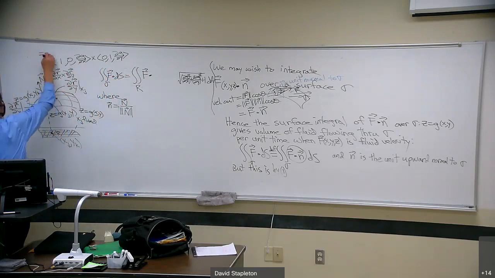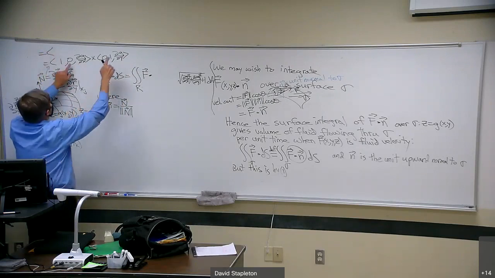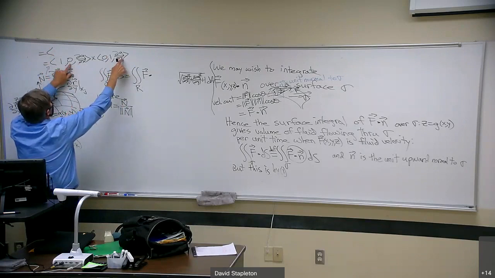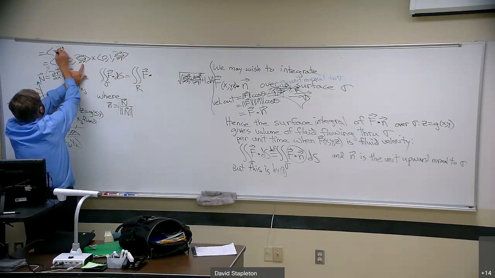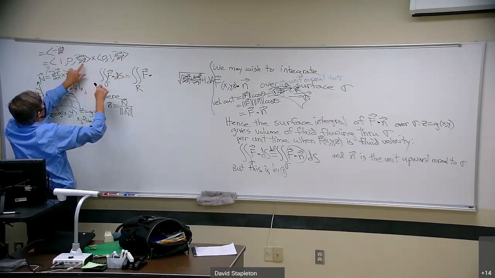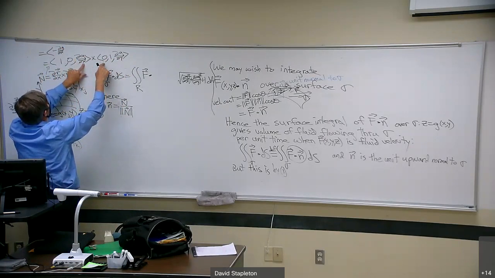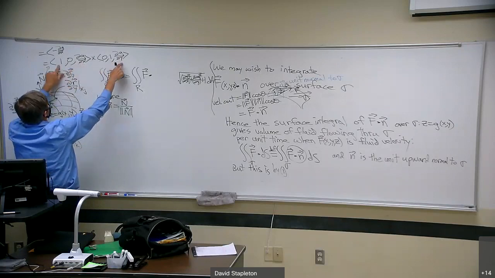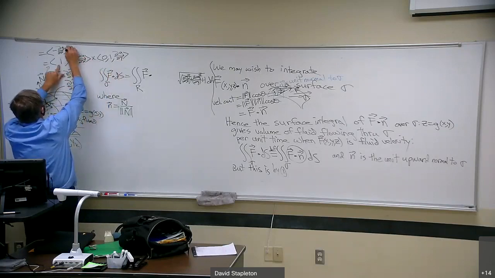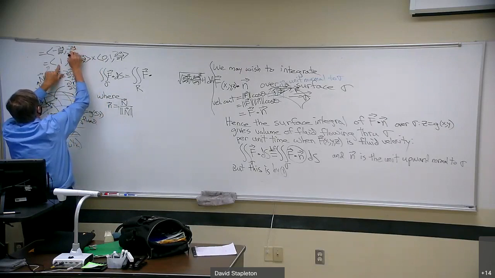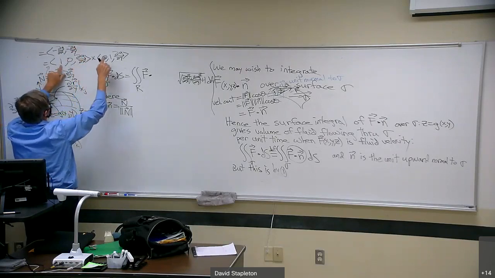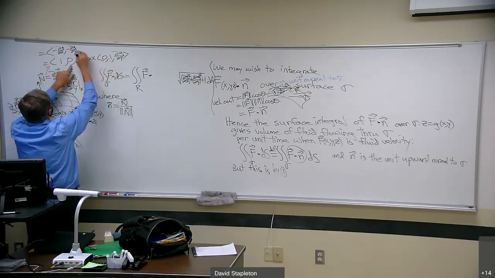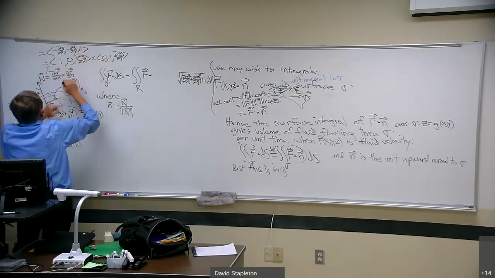And then when you take their cross product, what do you get? You get this times this, nothing, minus this times this, which is minus dg dx. And the second component is this times this, nothing, minus this times this, which is minus dg dy. And then the third one is this times this, 1, minus this times this, 0. So this is the normal vector.